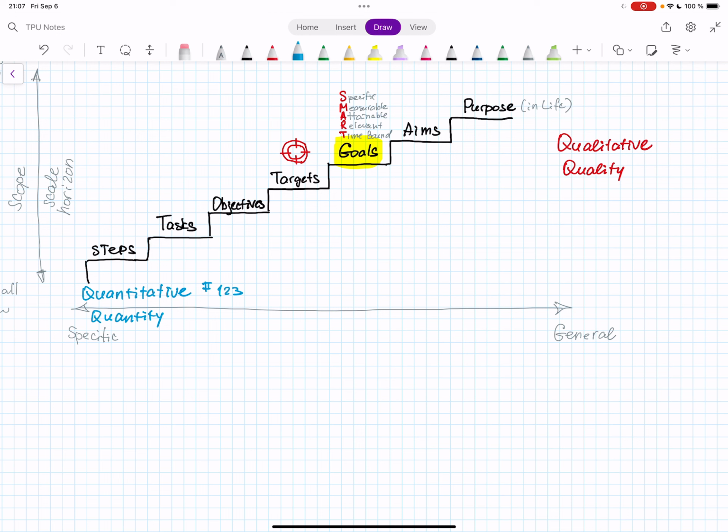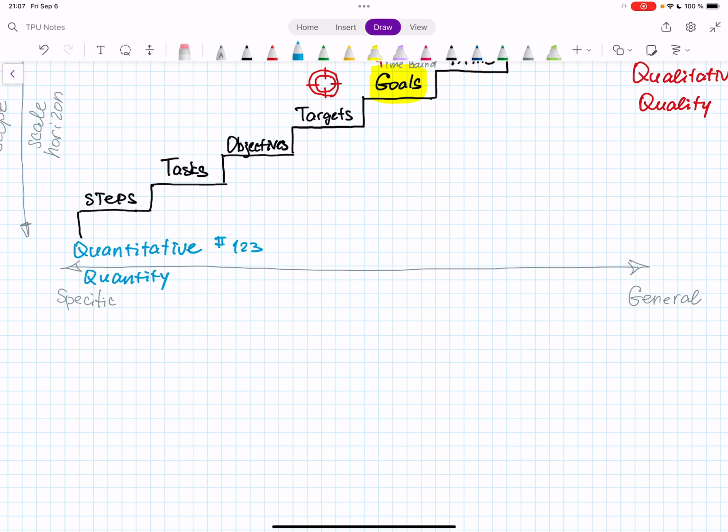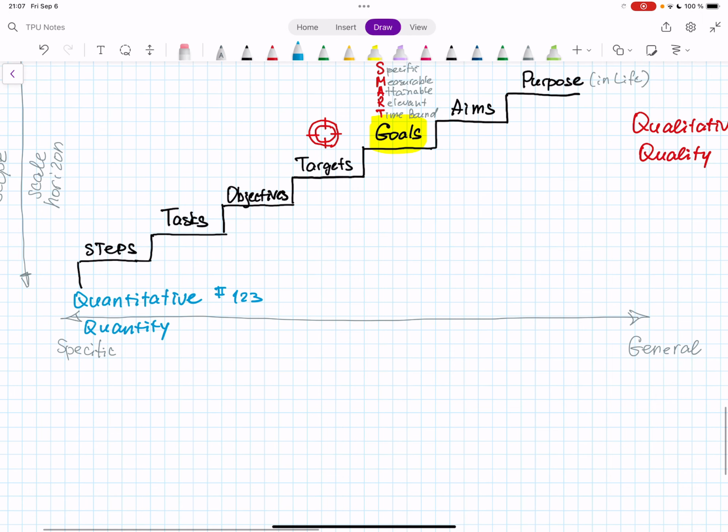And so I will give you some words. If you want to achieve your goals, what kind of words will you use as verbs for achieving goals? So let me give you several verbs for this. Let's take the middle of the staircase picture.